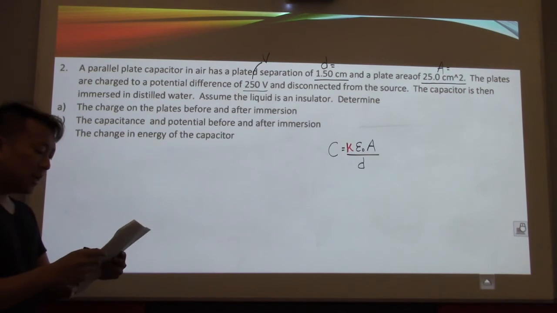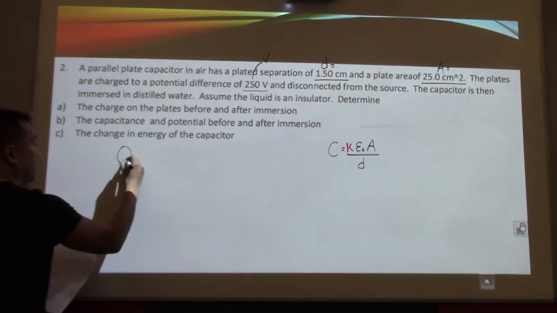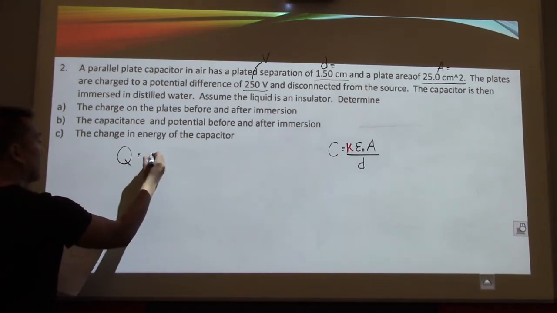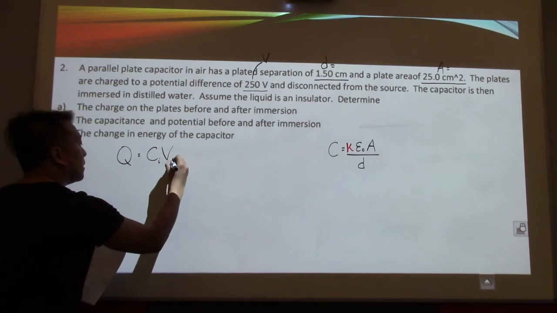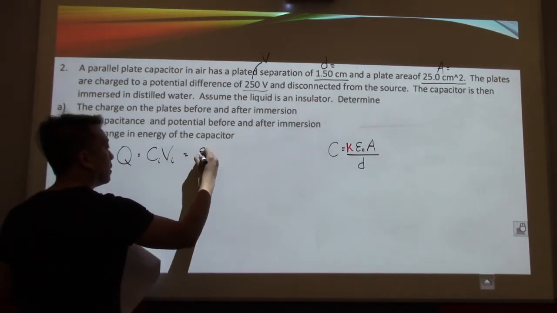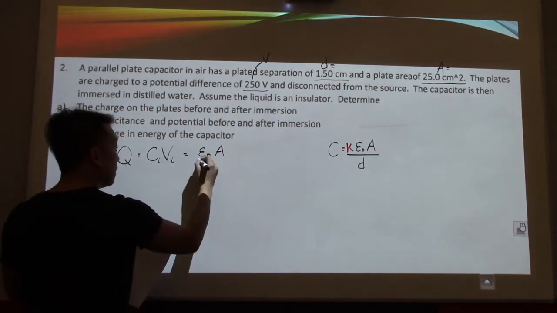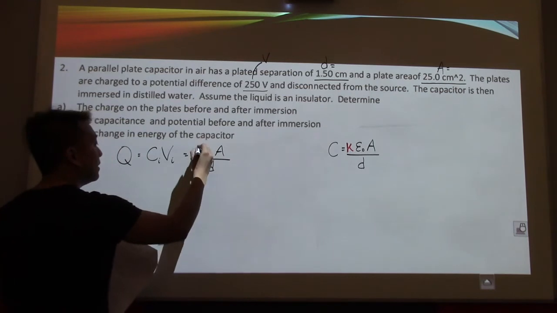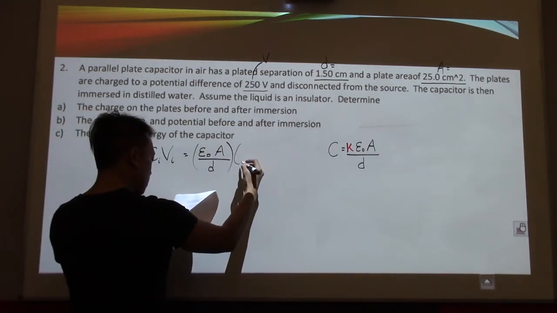The charge before and after immersion. So, let's do this. Charge equals CV, right? And let's make that initial. Initial. That's going to just equal epsilon naught A over D, that's my C initial, and V, which was 250.